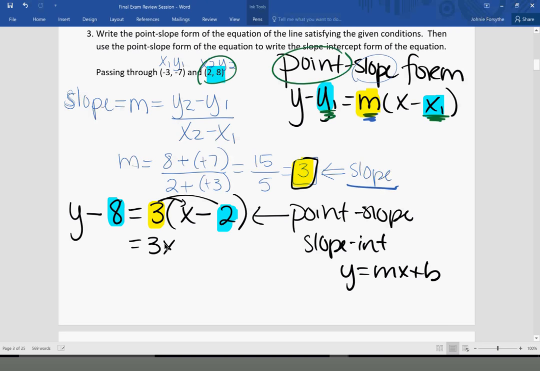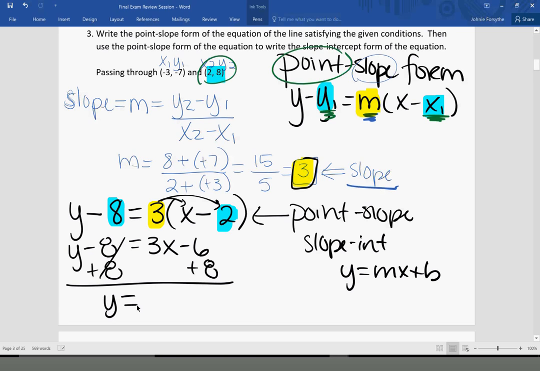So I have 3 times x is 3x. 3 times negative 2 is negative 6. Then I have y minus 8 on the left. But I want it to be y equals everything else. I'm going to add this 8. So then I have y equals 3x, and then negative 6 plus 8 is positive 2.